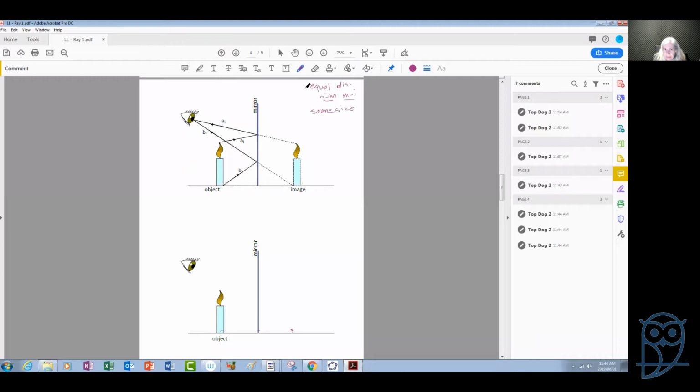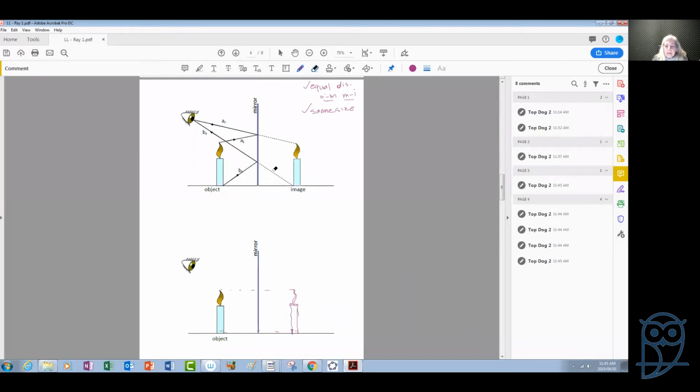So these two things we start with. So this distance first, and we draw the image to be the same size. I hope I can do it to be the same size here. There is the image. Same size, exactly the same size, same distance from the mirror, all right.